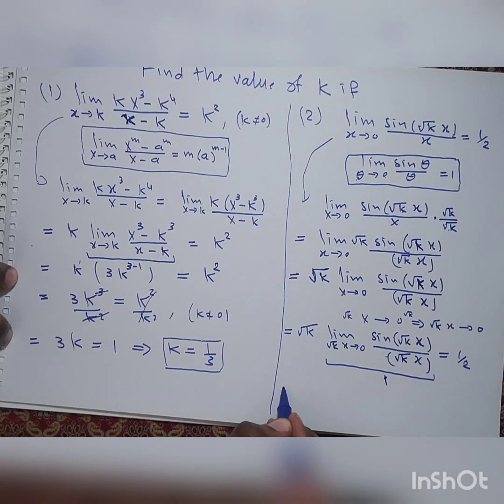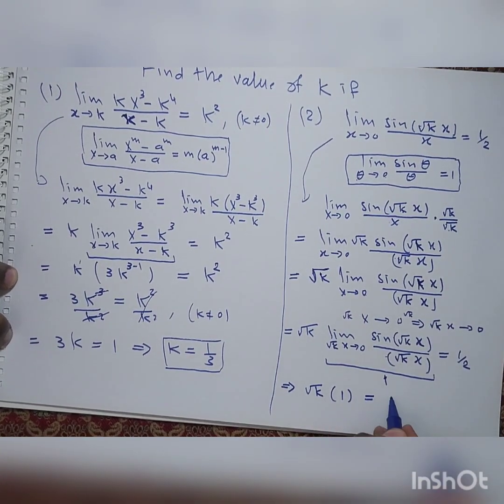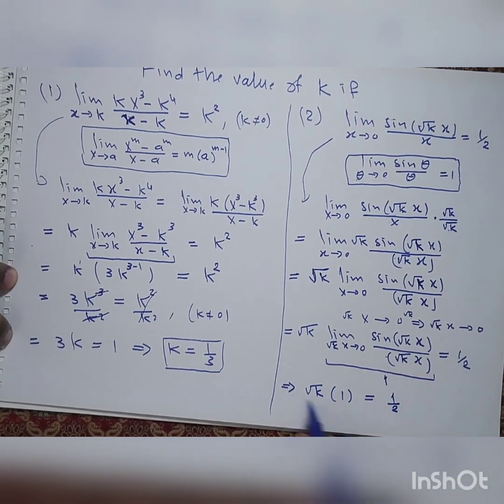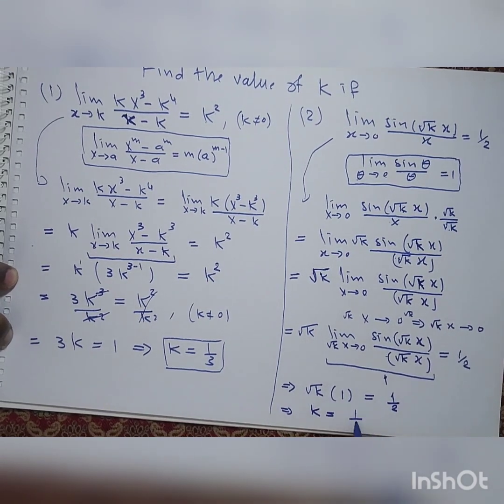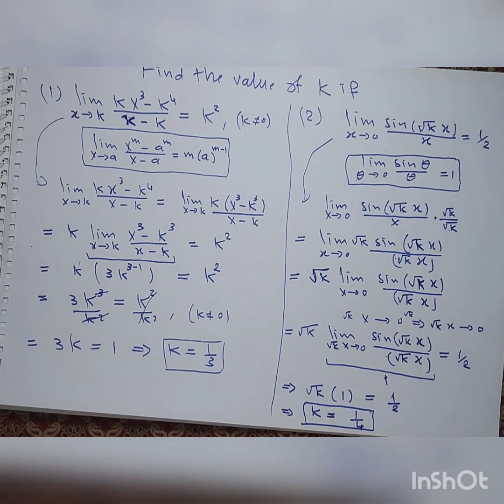So here we could say that radical k times 1, which is the limit here, is equal to half. Then if we square both sides, we find that k is equal to 1/4. So this is now our value k for the second one.